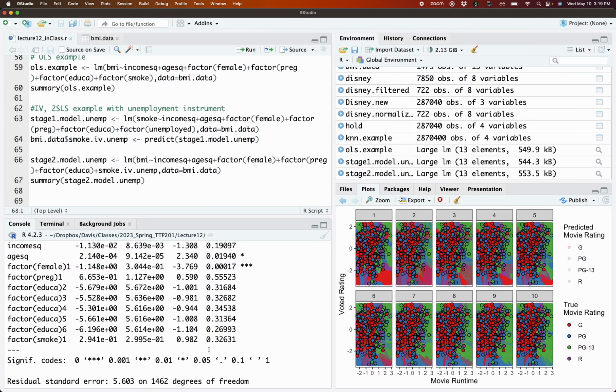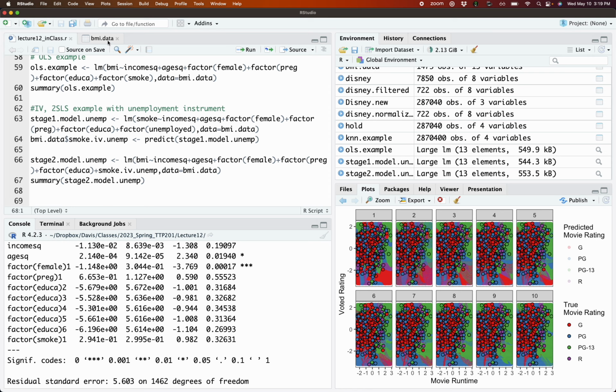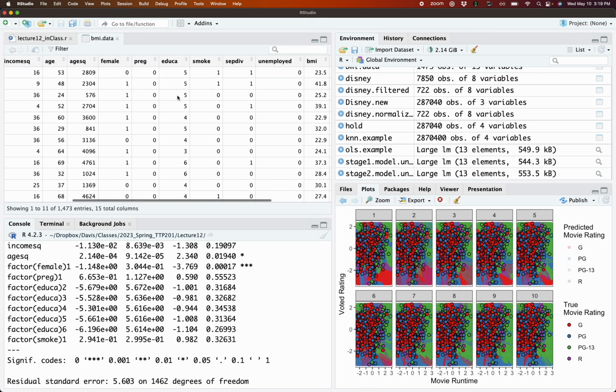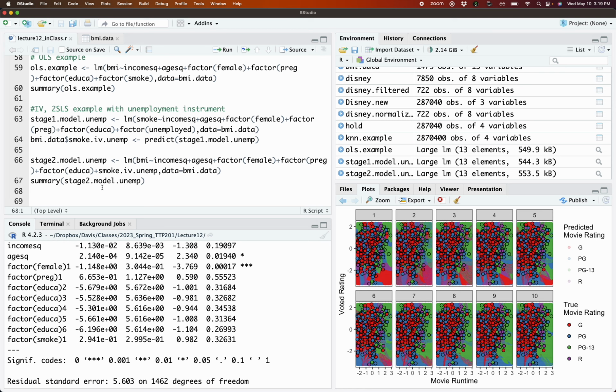the data. There's one last variable here called cigarette tax. Okay, so let's take a look at that. We're going to do the same thing here.